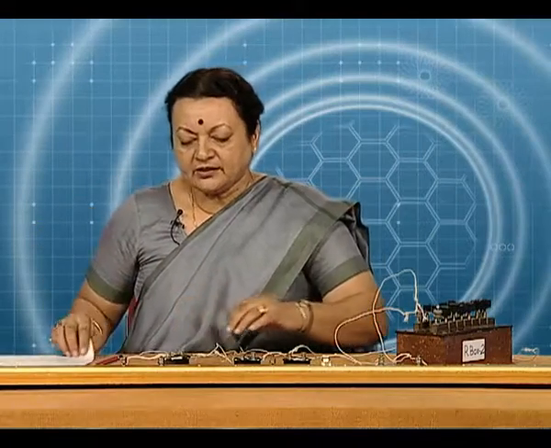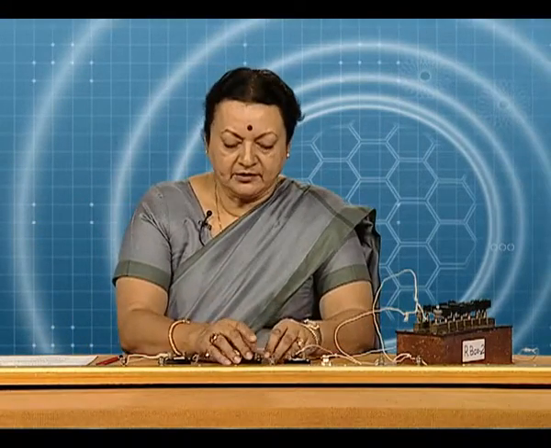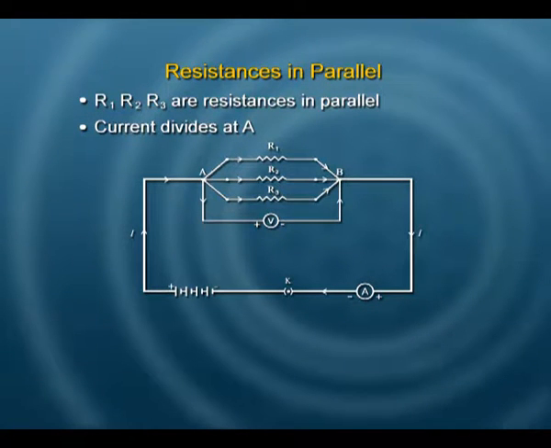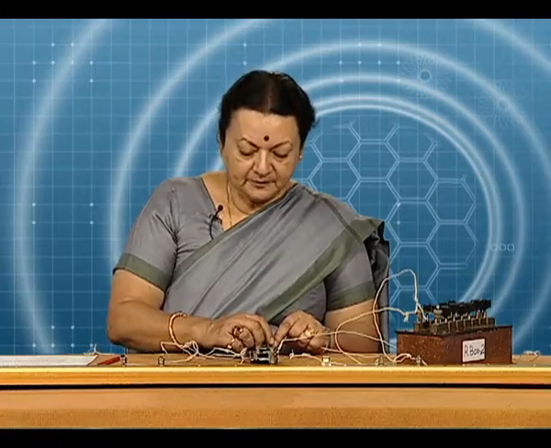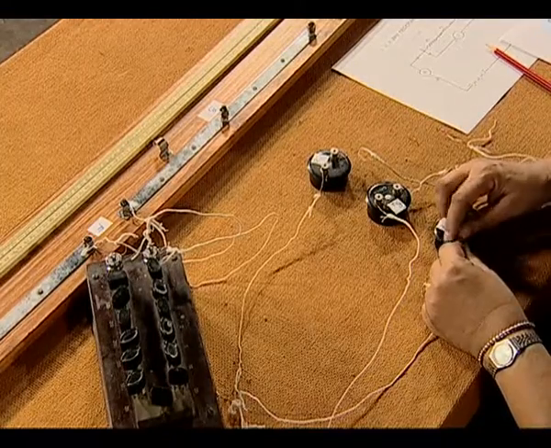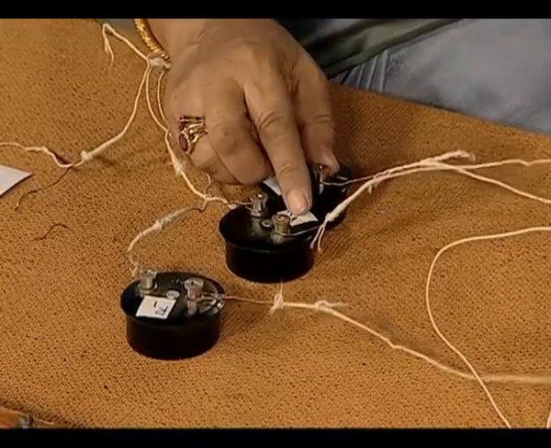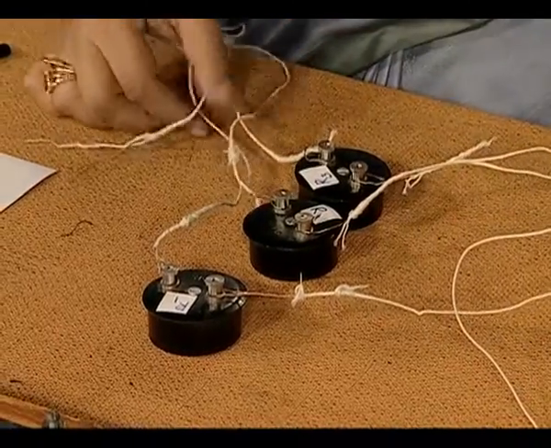You can combine resistances in parallel. A parallel connection would look like this: R1, R2 and R3. Notice the resistances R1, R2, R3 as you can see here. One terminal connects all of them on one side, to the main circuit.